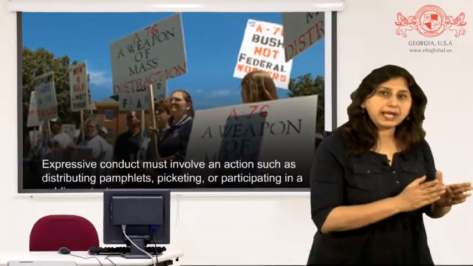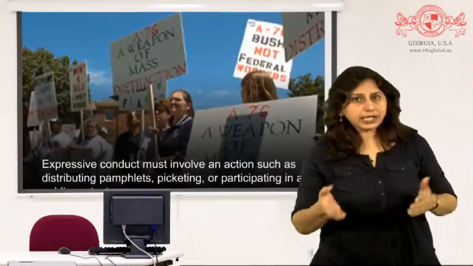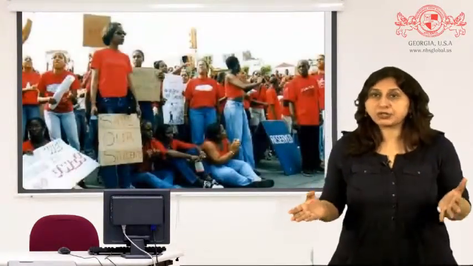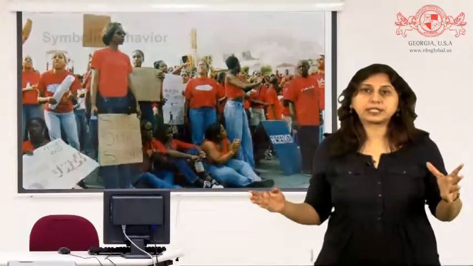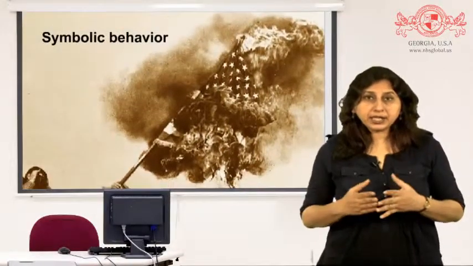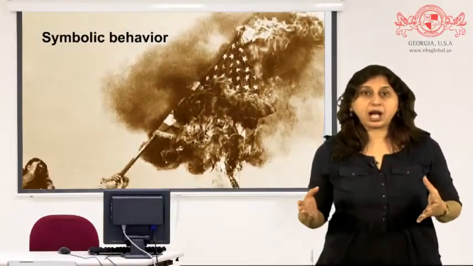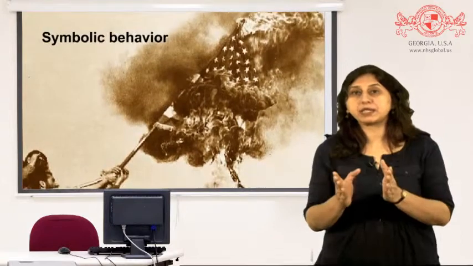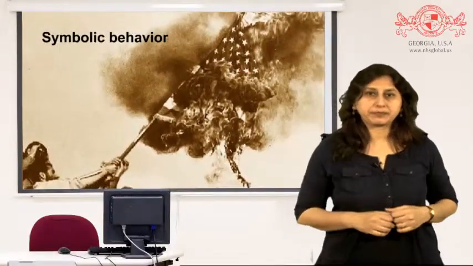Since speech plus incorporates actions in addition to spoken or written communication, it is much more difficult to label it as acceptable or unacceptable. Another example of speech plus is symbolic behavior, a broad designation that includes activities such as civil disobedience. Burning a US flag or an effigy are some of the best known examples of symbolic behavior.